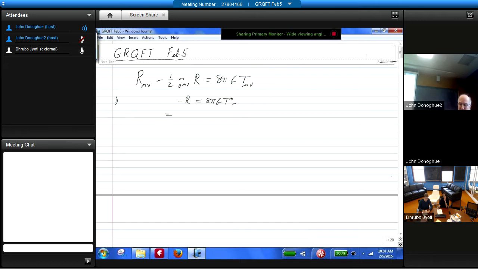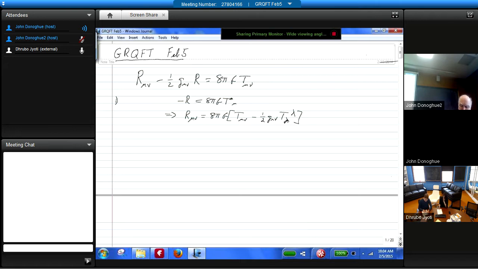And then you can write Einstein's equation in an alternate form. R_{μν} is, I get rid of the R piece, replace it by the trace of T and push it to the other side: 8πG (T_{μν} − 1/2 g_{μν} T^λ_λ).